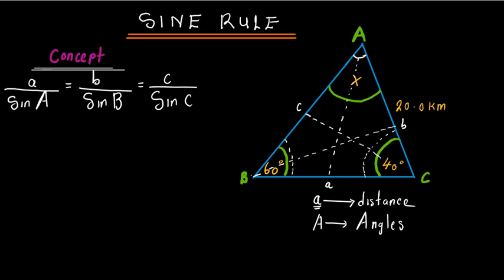Let's try to calculate the distance C and AB. But before that, let me make mention of something. When do you use the sine rule?